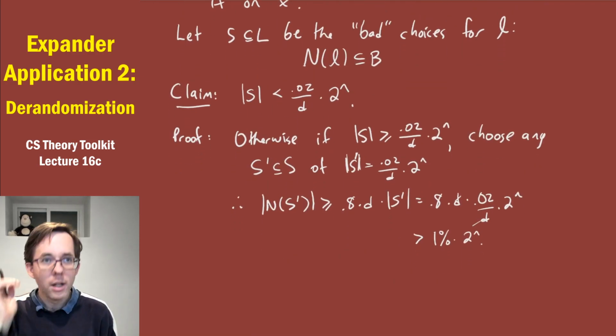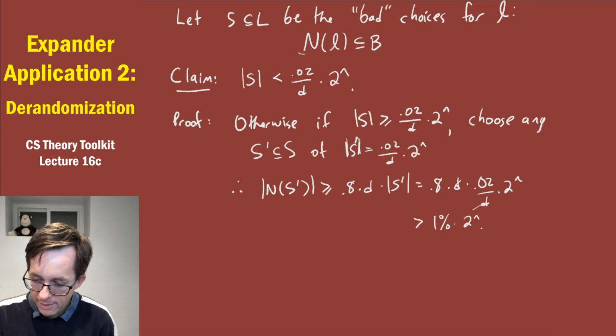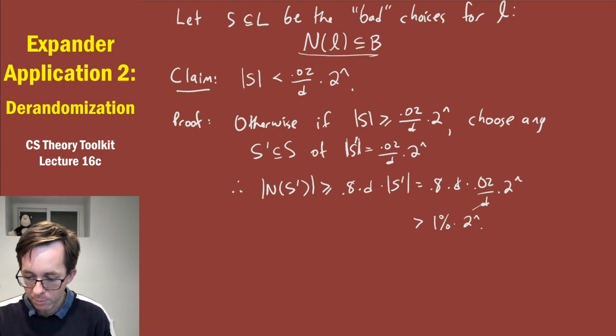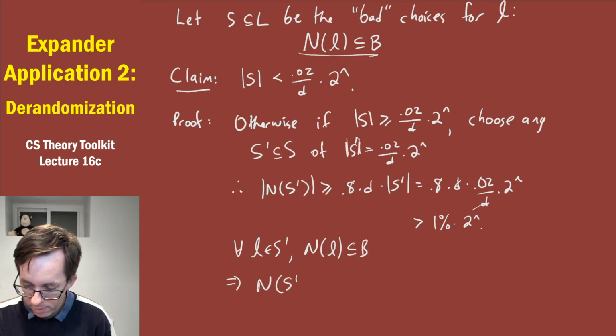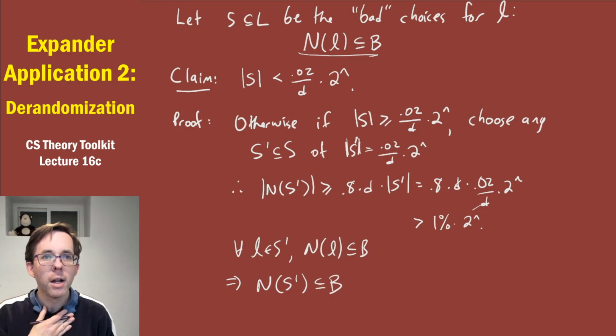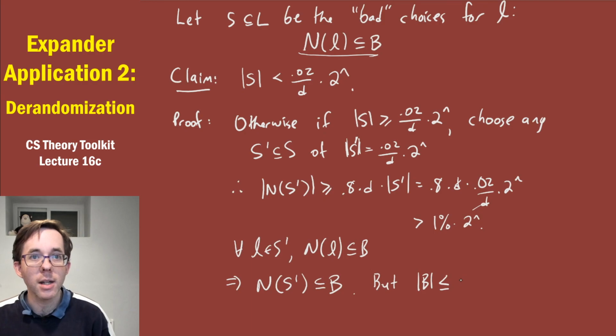But now let's think about this. Every vertex in S, every little l, has its neighborhood in B. And in particular, every vertex in S prime has its neighborhood in B. So we know that for all l in S prime, the neighborhood of l, that single vertex, is a subset of B. That just means that the neighborhood of S prime is a subset of B. But we know that the cardinality of B is at most 1% times 2 to the n, right?